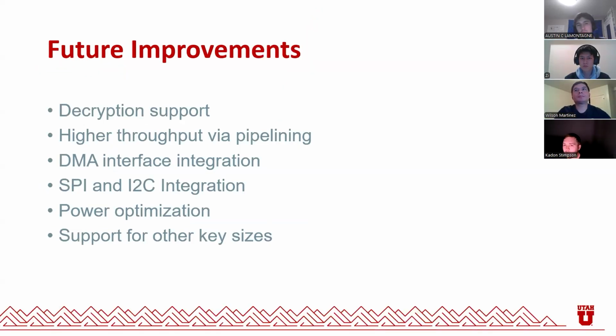And then some of the future improvements we would do, simply due to lack of time in this course, is add support for decryption and see if we could pipeline the design to get faster throughput.